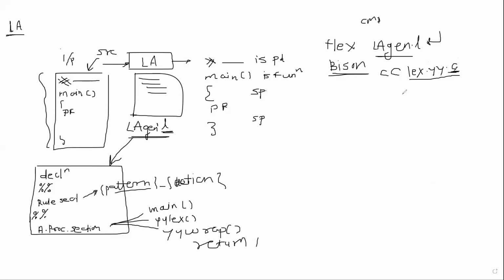Once the C compilation is done, I am going to get an exe file, or it is also called an object file. So once you compile it with the C compiler, you are going to get the object file or executable file, and the name of that file is always a.exe, or if it is an object file, then you have ./a.out.